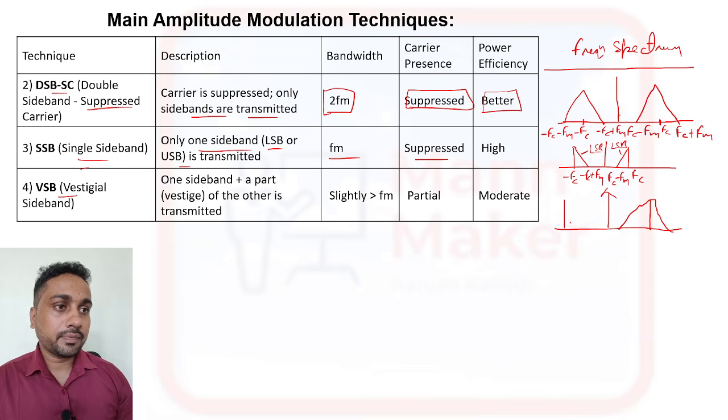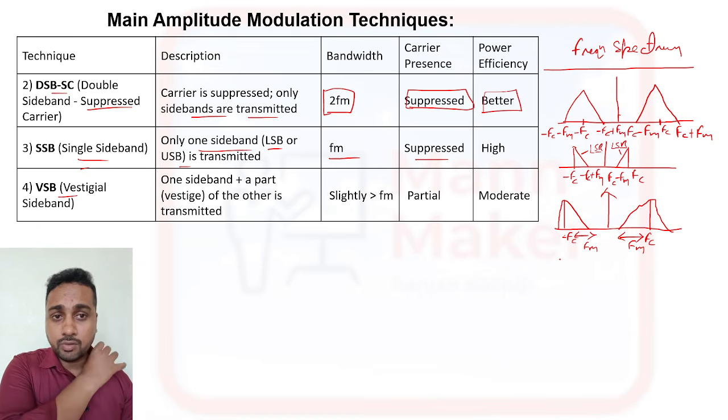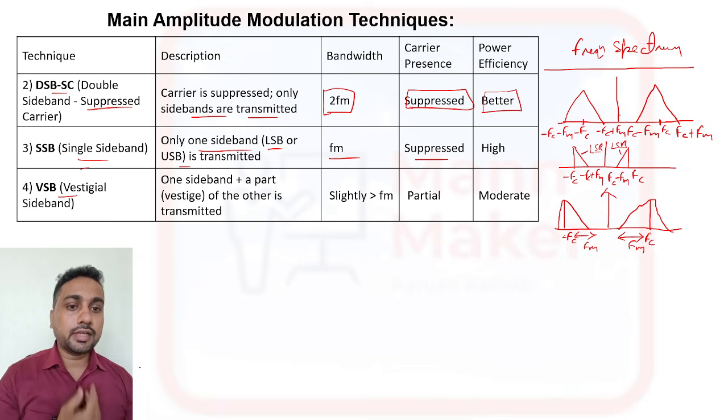Here you can say this is the lower sideband and some part of the vestige. So this is your FC, this is minus FC. This is your information, FM, and this is also your information, the message signal frequency, FM. This is the diagram of VSB, which is a sideband. All right.